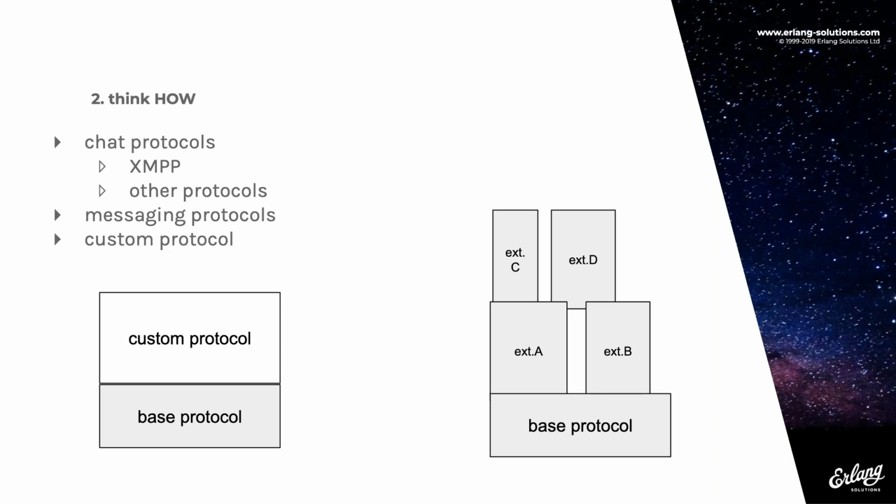Now, then we need to think about how. And the first question is the choice of a protocol. There is XMPP, of course. There are other chat-specific protocols, like the ones used by Signal and by Telegram. There are proprietary protocols.